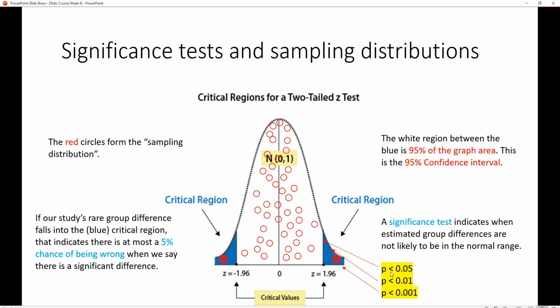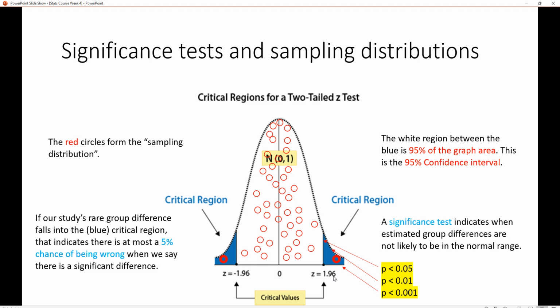So that P is less than 0.05 value would be right about here where this blue area begins. Everything to the right of it would be significant, but right about this point, you only have maybe 2.5% of the area above it. You'd see that it's denoted by that value of 1.96.